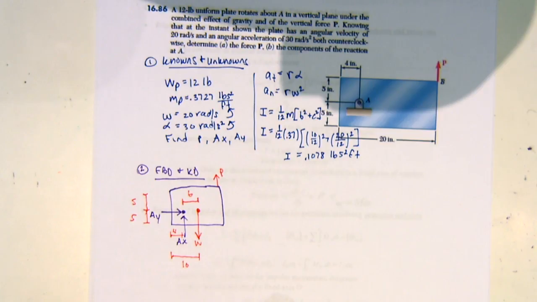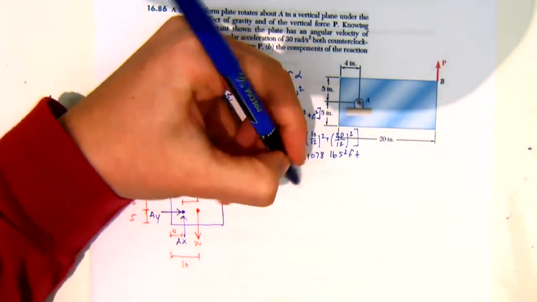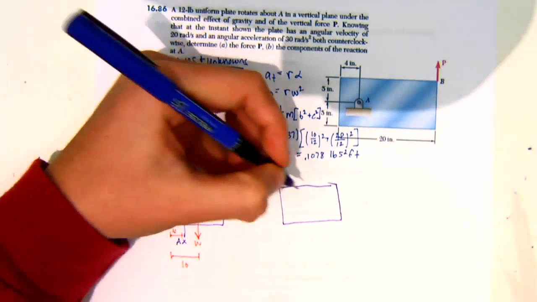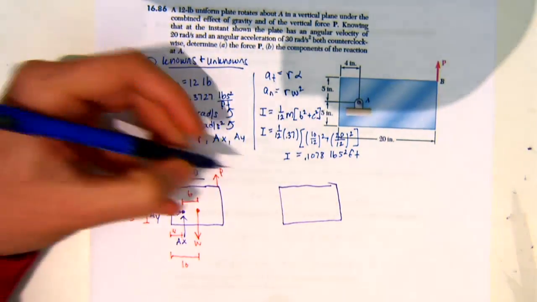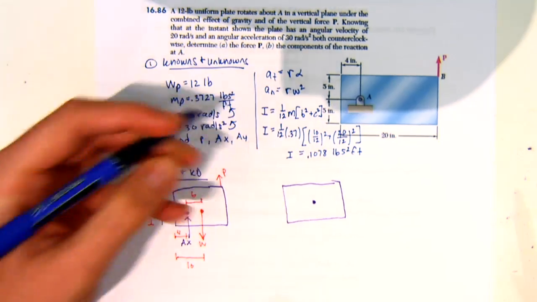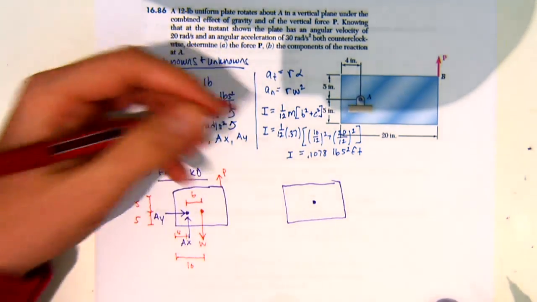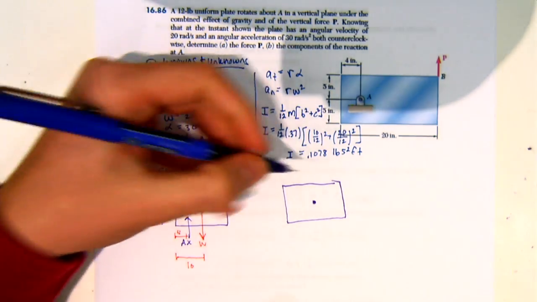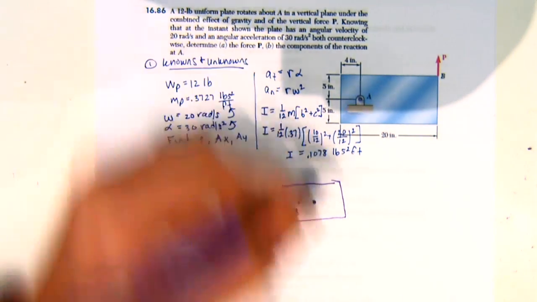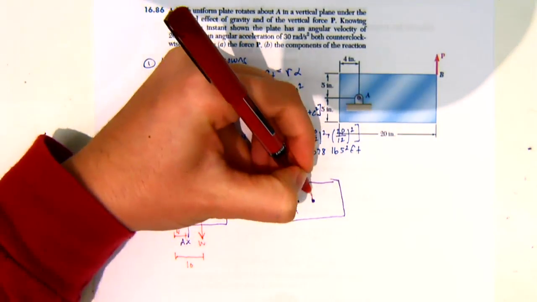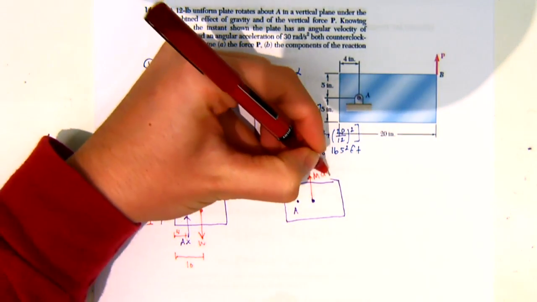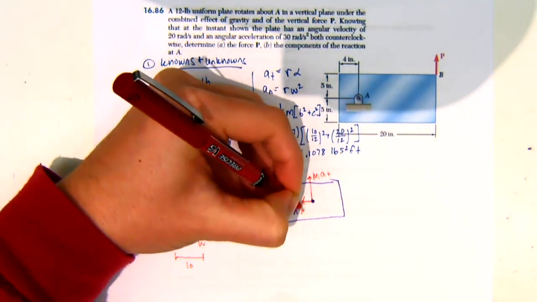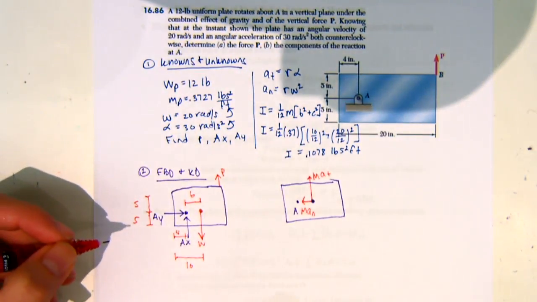And then I have to equate this to my kinetic diagram. So for the kinetic one, I'm going to apply everything to the centroid. So at the centroid, we know it's rotating about point A, right? So here's my point A. So I have MAT, the tangential acceleration, and right there, I have normal acceleration.